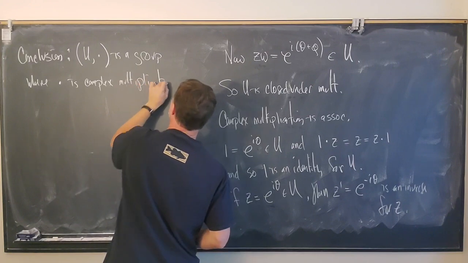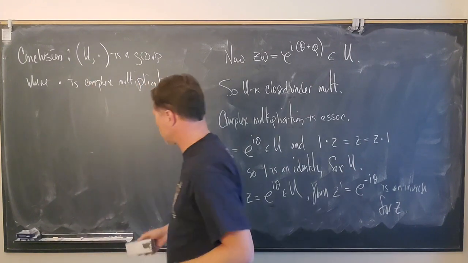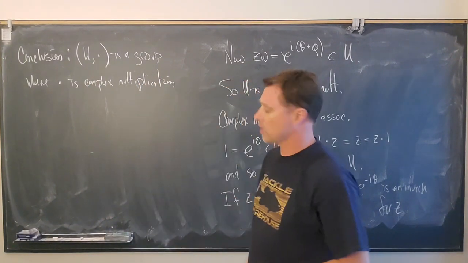We typically don't use a dot, but I need a symbol if I'm going to use this ordered pair notation. So where dot is just complex multiplication.